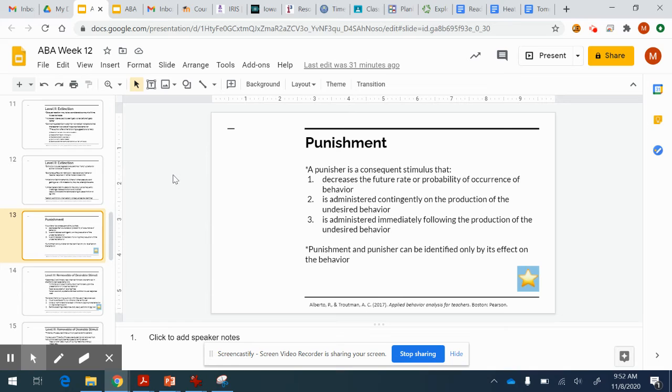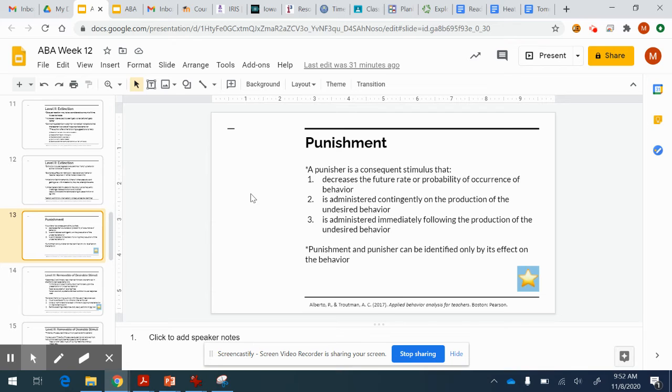That is not something that will decrease the behavior. And that's number one of our definition there. That is something that will likely increase the behavior because we're kind of fueling that function unintentionally.